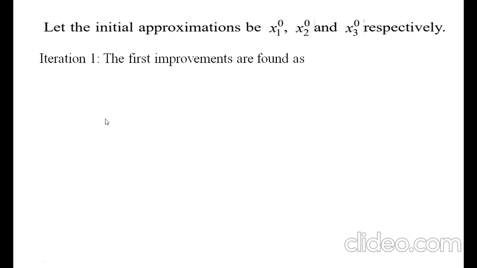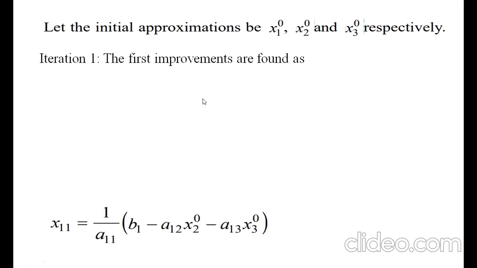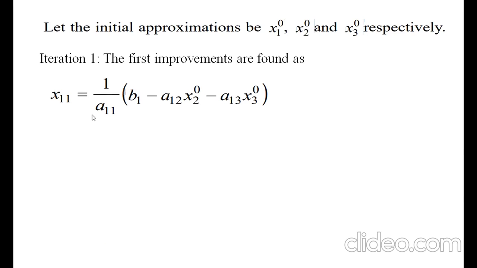Let the initial approximations be x1 0, then x2 0 and x3 0 respectively. For the first iteration, the x1 1 value is 1 upon a11 in bracket b1 minus a12 x2 0 minus a13 x3 0.